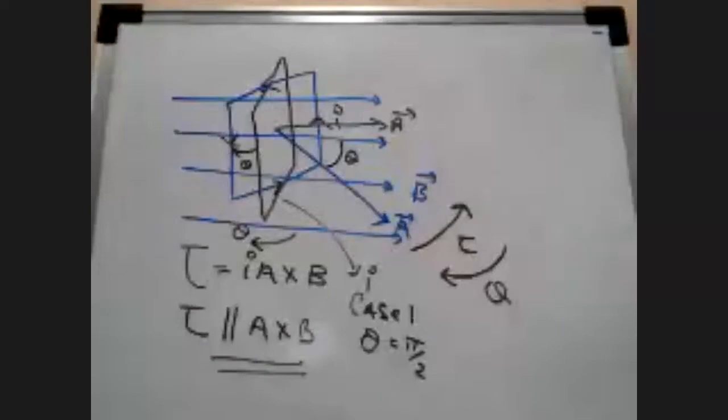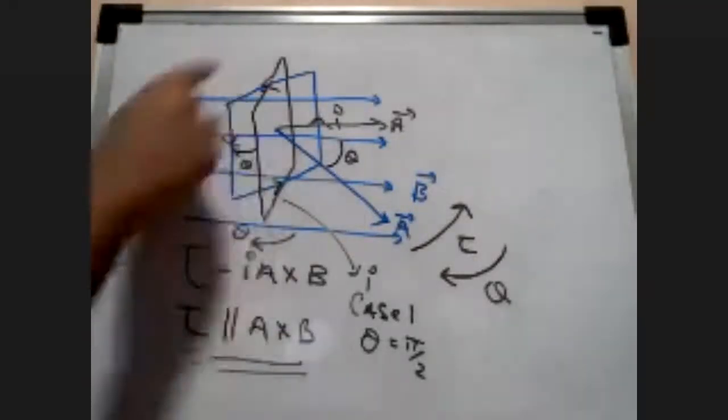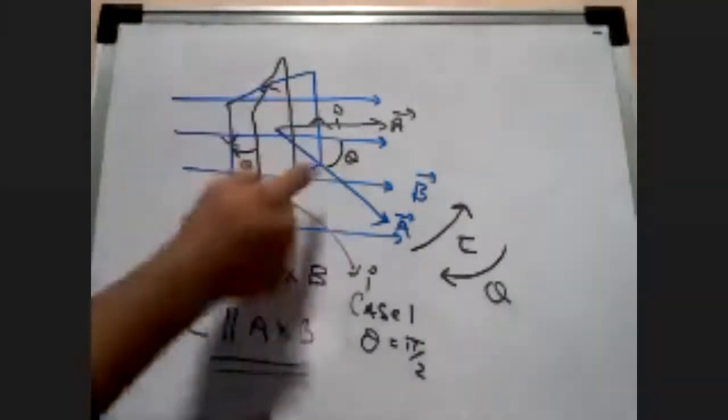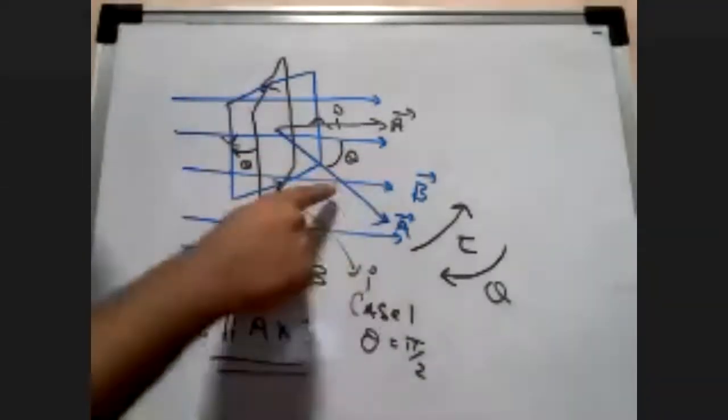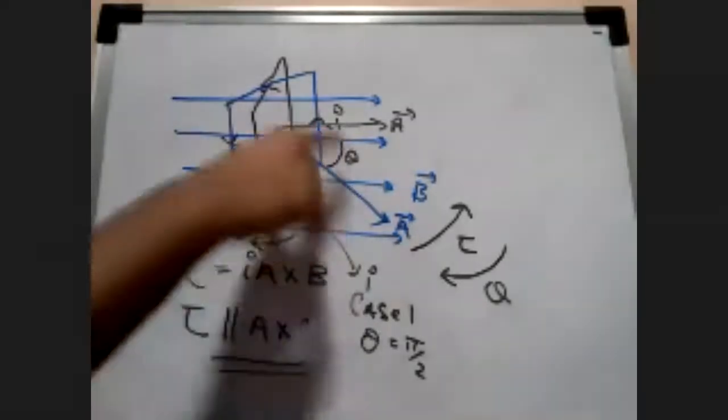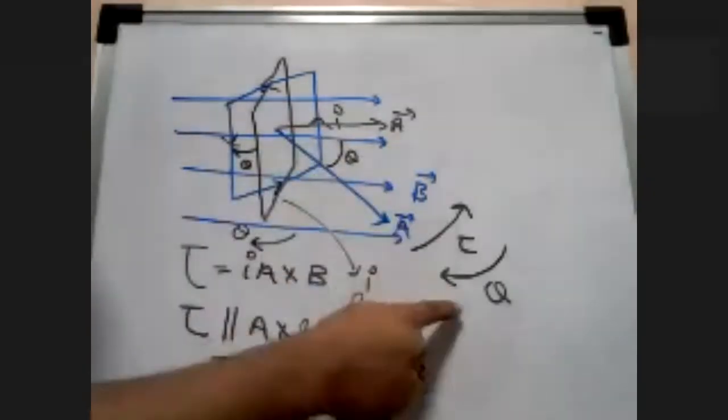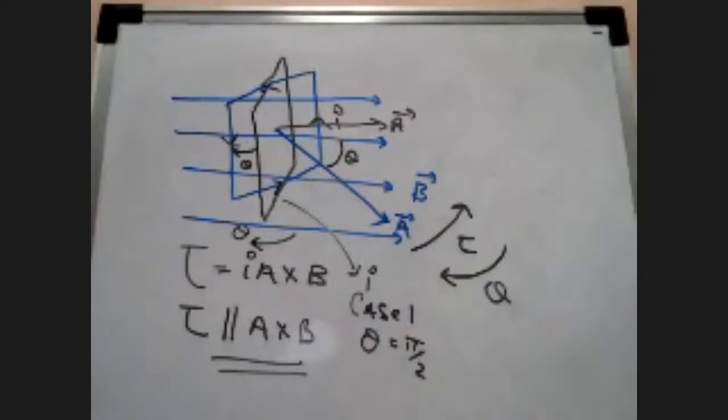That is common sense. But right now, my current direction is anti-clockwise. Area vector comes out of the board, and so area vector makes an angle with the magnetic field, and it is opposing the direction of the torque. That's as easy as it is.